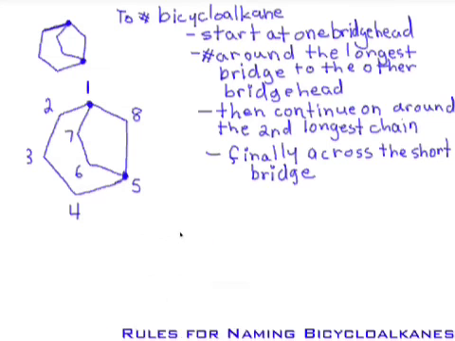All right, how do we name it then? Well, to name it, we use the prefix bicyclo. Just like cycloalkanes begin with the term cyclo, bicycloalkanes begin with the term bicyclo. We then use square brackets.